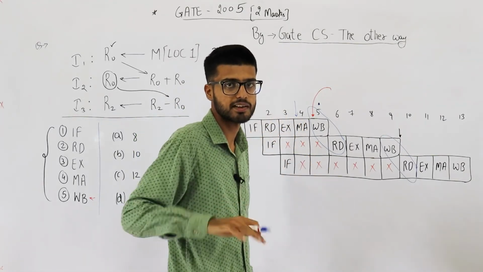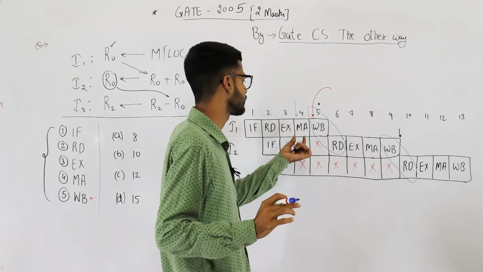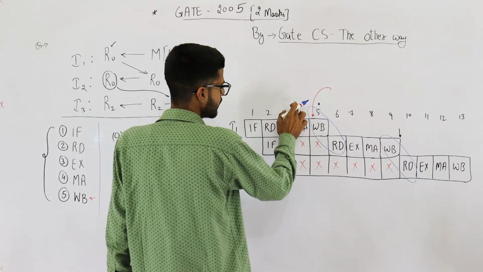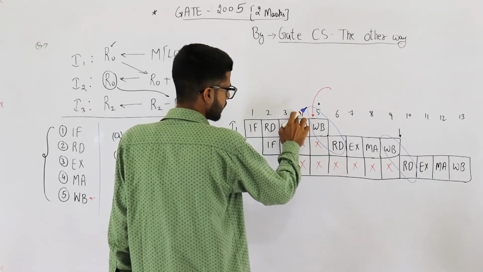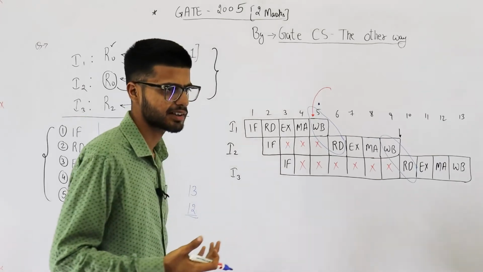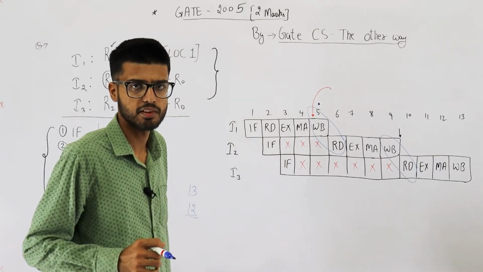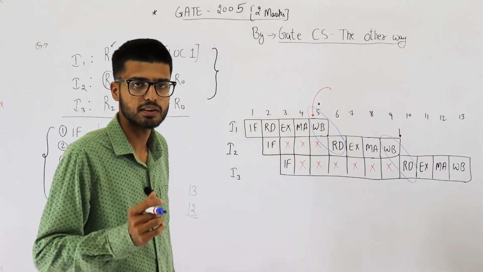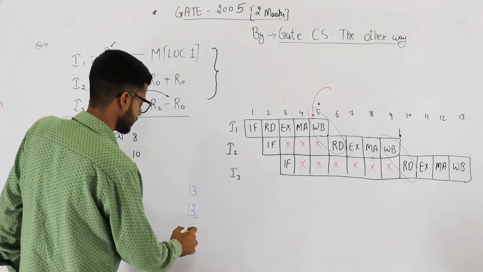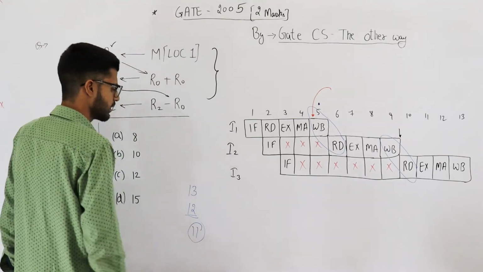It has to be fetched from memory, so MA would require an entire clock cycle. Likewise, for execute we still cannot use split phase, because execute does not already have the value. It will execute the ALU operation and then generate the value. Anyways, let's not go into detail because we have already discussed it.